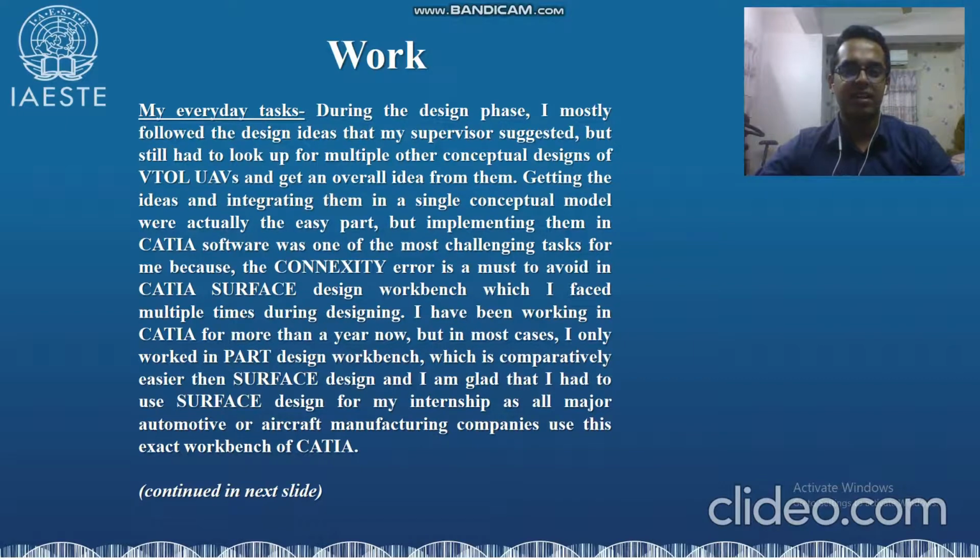Even though I have been working in CATIA for more than a year, in most cases I only worked in the product design workbench, which is comparatively easier than surface design. And I'm glad that I had to use surface design for my internship, as all the major automotive and aircraft manufacturing companies use this exact workbench of CATIA.